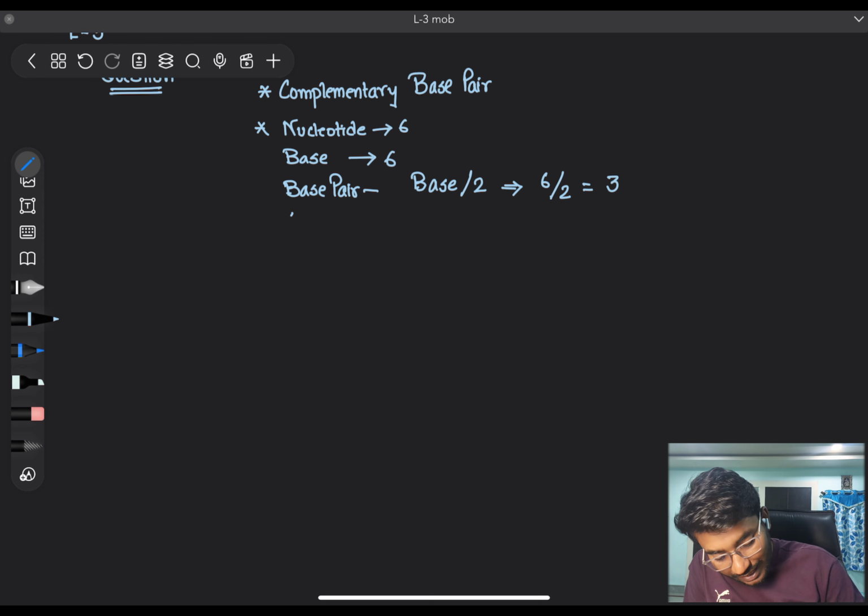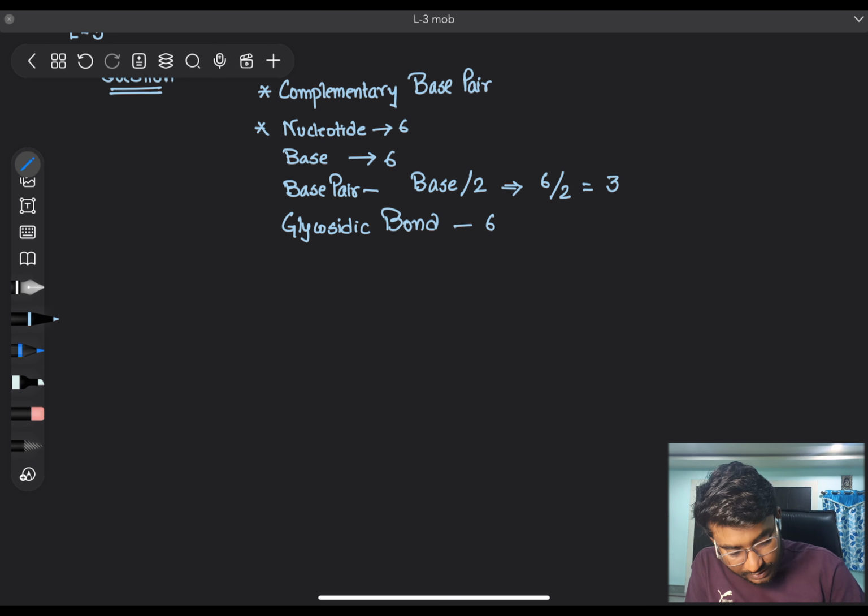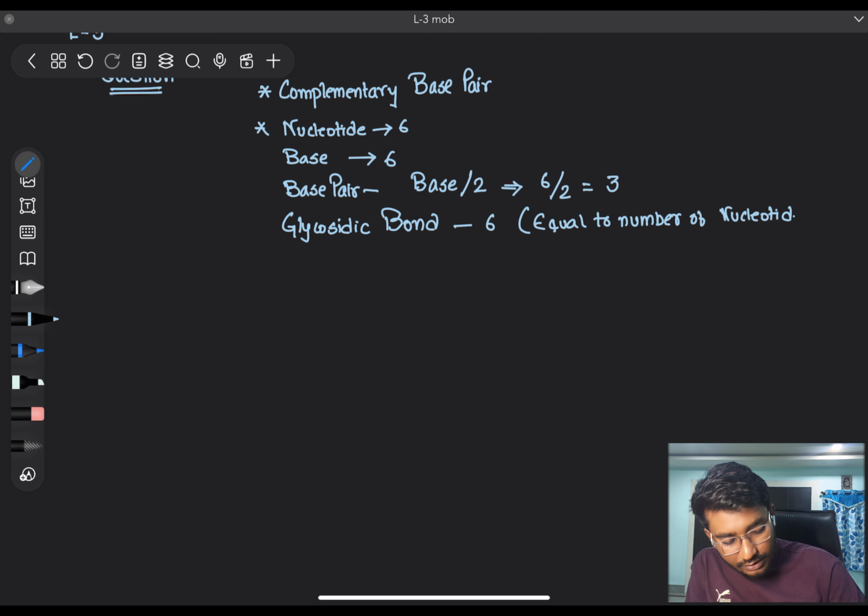Now the glycosidic bond. How many glycosidic bonds? The number of glycosidic bonds is 6, equal to the number of nucleotides. Now phosphodiester bond.